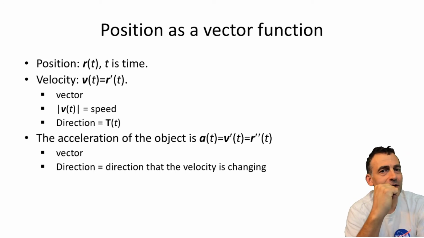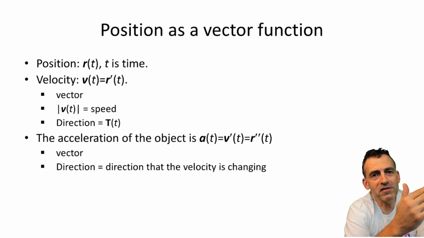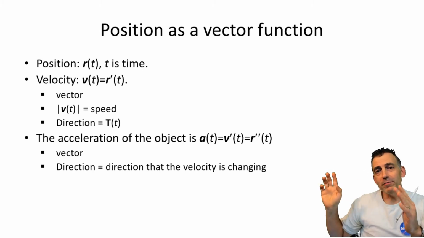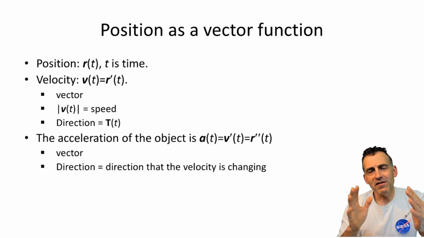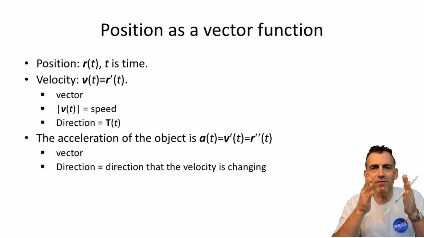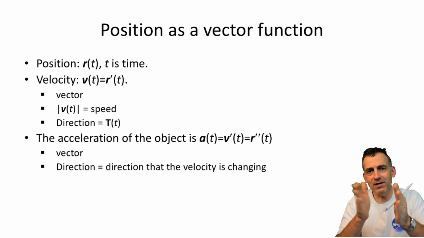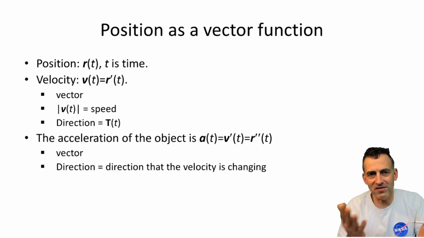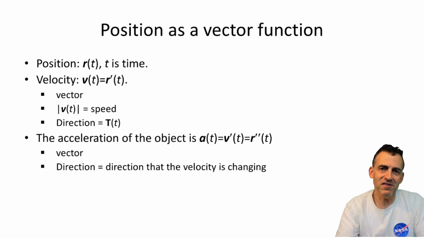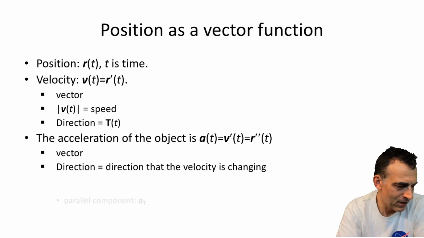That's when you're slowing down. Also, as you're moving forward, your acceleration could be to your side as you're going around a turn. So acceleration is how your velocity is changing, and that could be turning, slowing down, speeding up, or doing all at the same time. Well, I guess you can't slow down and speed up at the same time.